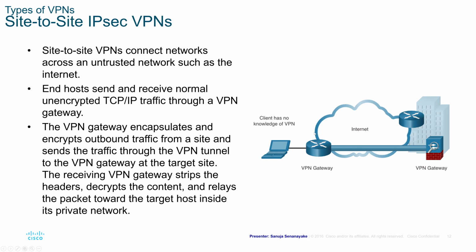Any devices behind this VPN gateway are unencrypted. Any data that goes across the internet to the remote site's gateway will be encrypted. So the site-to-site tunnel works that way. You have a gateway on one side, a gateway on the other side, and the data communication between the gateways will be site-to-site IPsec VPN.